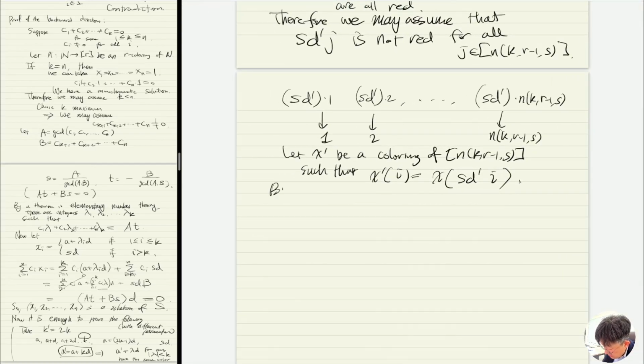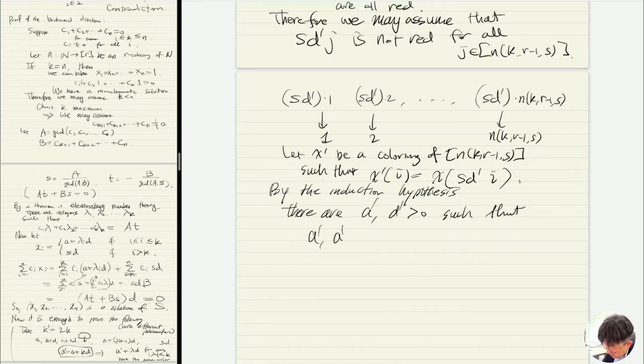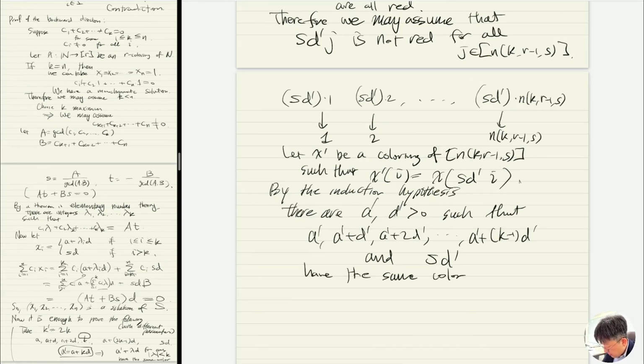Then by induction hypothesis, there are a prime and d prime, such that a prime plus d prime, a prime plus 2d prime, up to a prime plus k minus 1 d prime, and s d prime have the same color under chi prime, right?